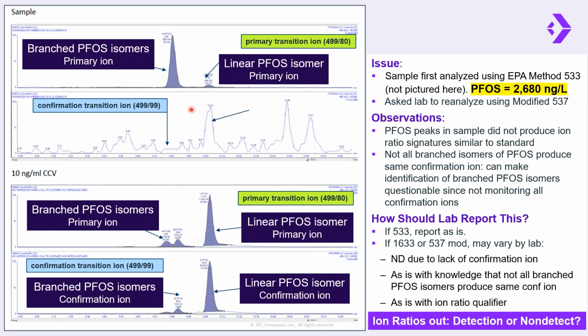Some labs may report it as is and just qualify the result, noting that the ion ratio was outside the limits. I will note that Massachusetts DEP recently released their Compendium of Analytical Methods document for PFAS. And in Mass DEP's protocol for PFAS, they require that the labs report this result as a non-detect if there's no confirmation ion present.